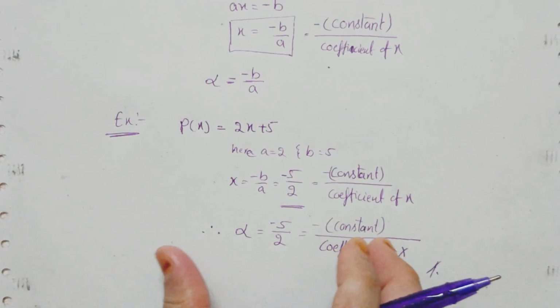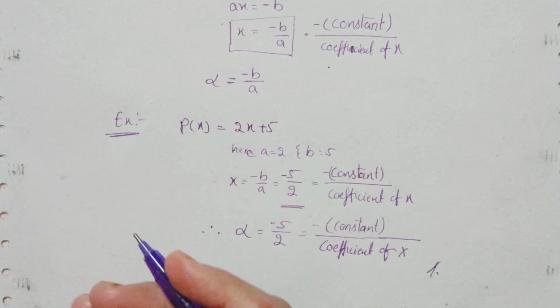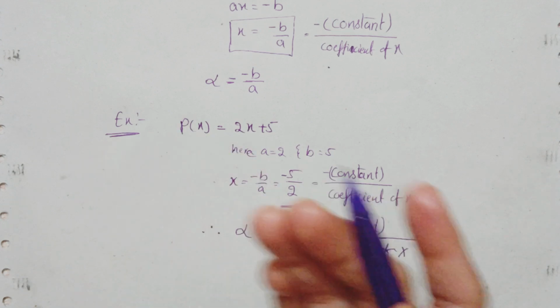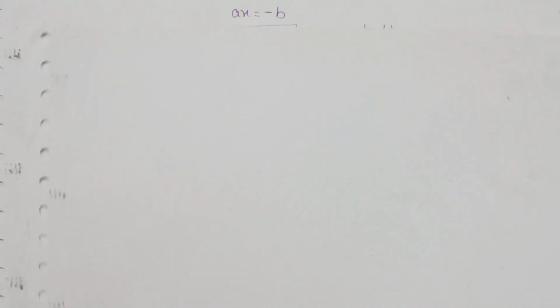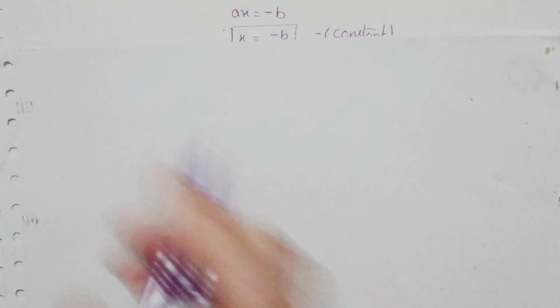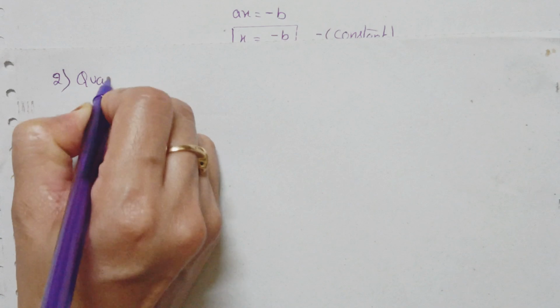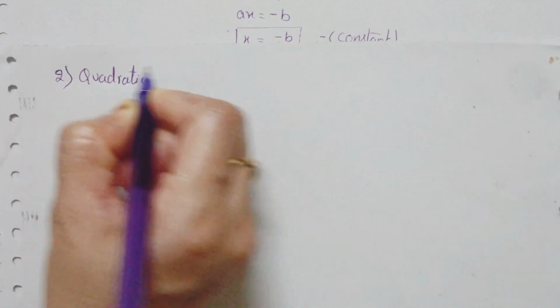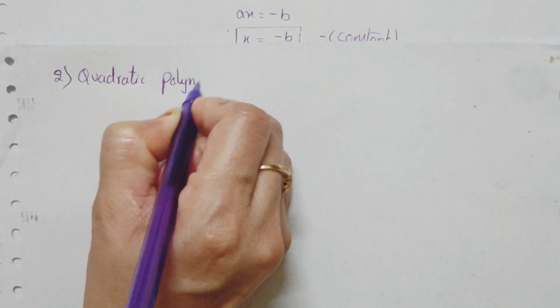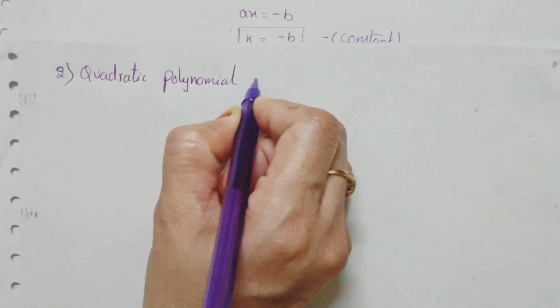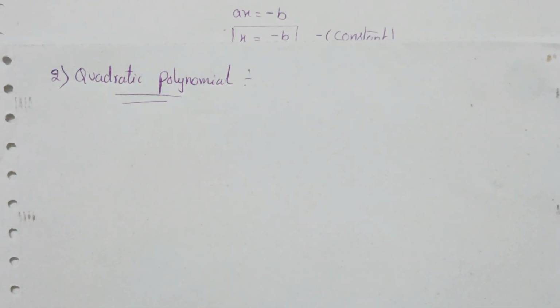So this is all about linear polynomial. Now we'll see the second one, which is quadratic polynomial. What is a quadratic polynomial?